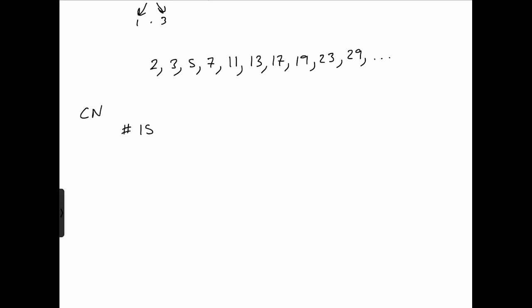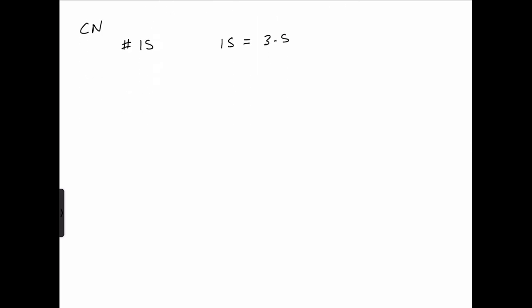It's not a prime number, and it has factors other than 1 and itself. That will be 3 times 5. So we see that 3 is a factor different from 1 and itself, 15. So 3 times 5 is 15, so that is a composite number.